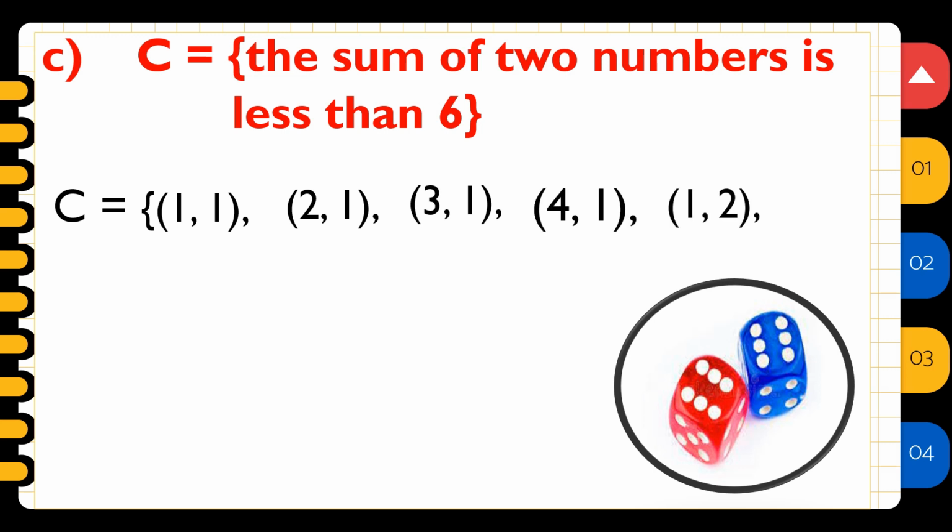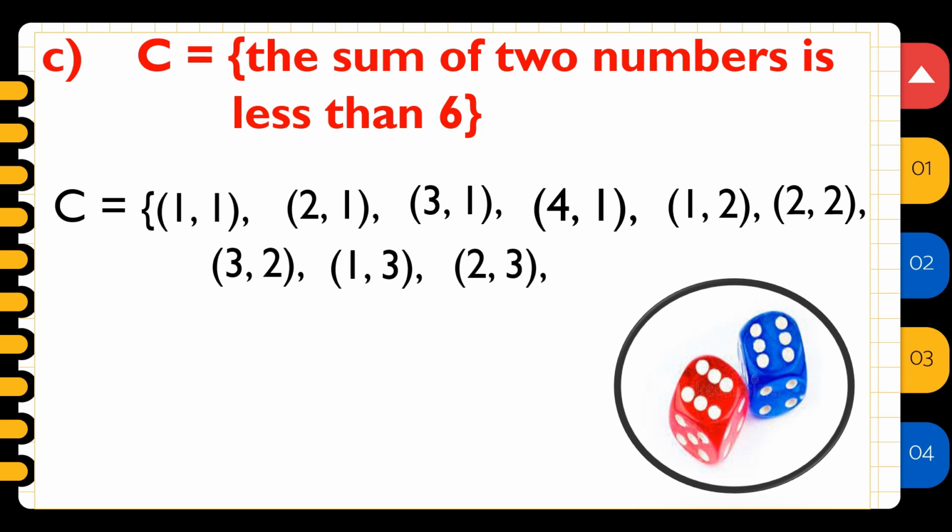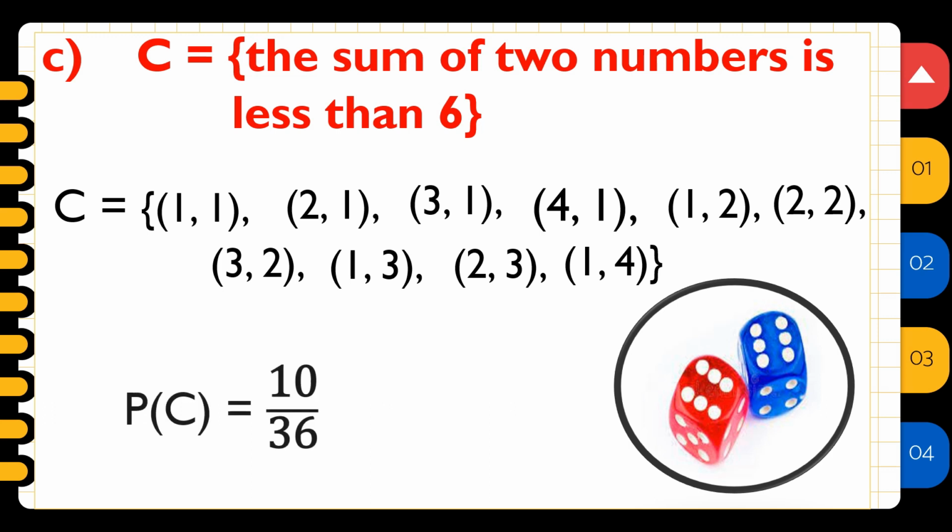We also have 1 and 2, 2 and 2, 3 and 2, 1 and 3, 2 and 3, and 1 and 4. So there are 10 chances out of the 36 sample space. It means the probability of C is equal to 10 over 36 or 5 over 18.